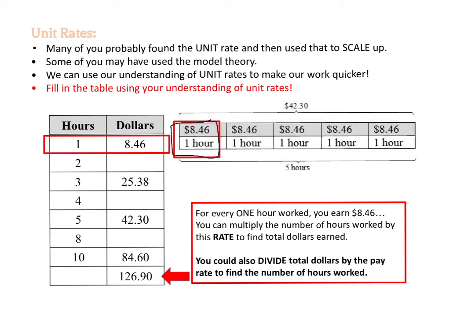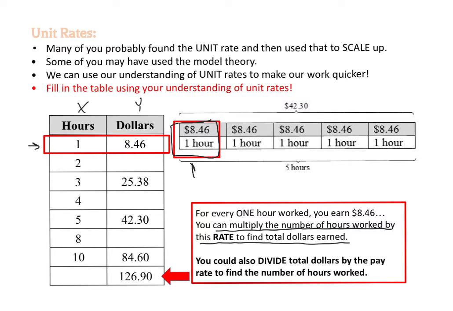And we can see here that we have our X values, which is hours, and our Y, which is dollars. And for every hour, we're making $8.46. So one way we can start to fill this out is that we can multiply the number of hours worked by the rate to find our total dollars earned.